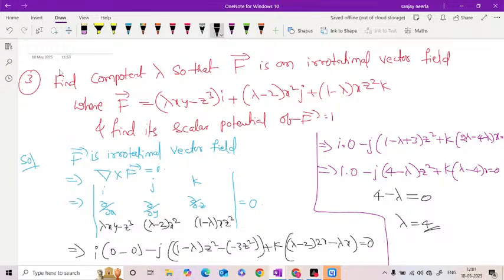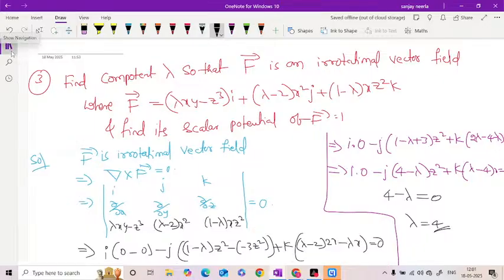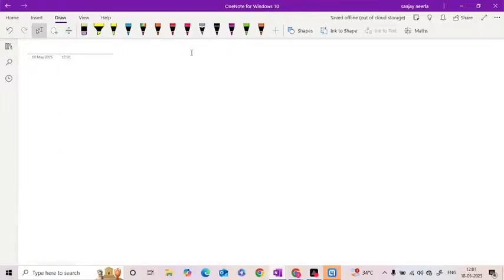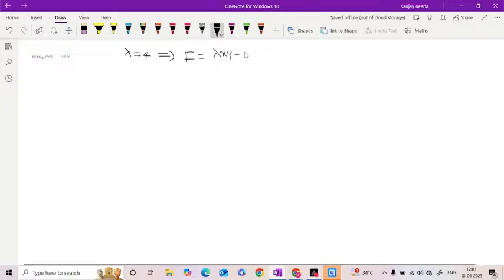For the scalar potential, first of all, what about our vector f? We have to write the full vector. Now lambda is equal to 4, our vector f is, what is the given vector? Lambda xy minus z cube into I plus lambda minus 2 x square j plus 1 minus lambda into x z square k.